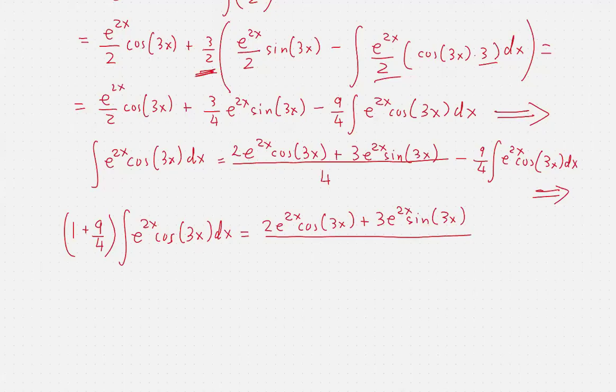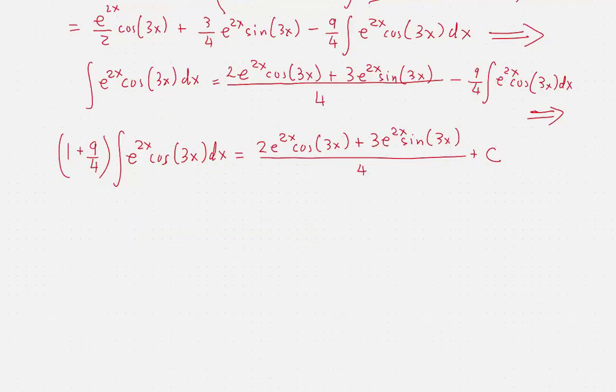And finally, we can write this as 13 over 4 integral of e to the 2x cosine of 3x dx is equal to 2 times e to the 2x cosine of 3x plus 3 e to the 2x sine of 3x over 4 plus c.